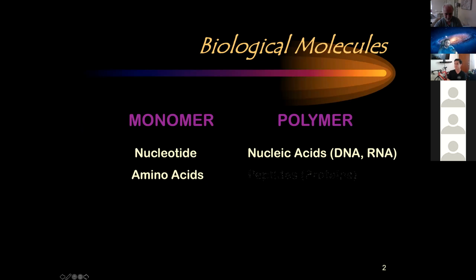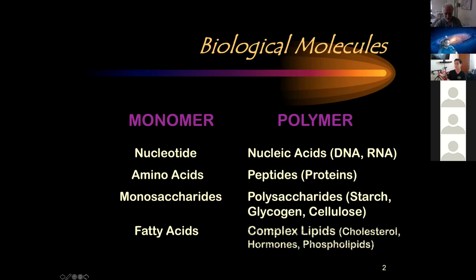And they can be broken down. They're all polymers. That means they're long chains of subunits. So nucleic acids have subunits called monomers, and they are nucleotides. Proteins have monomers called amino acids.